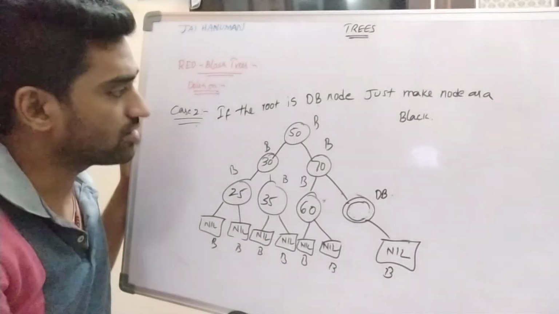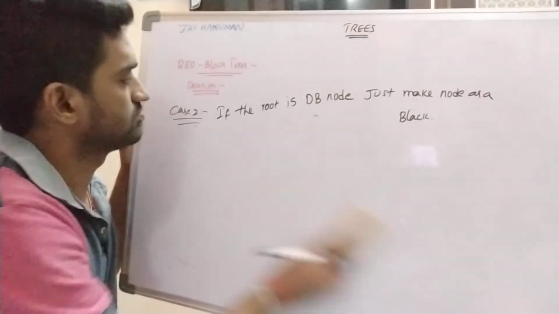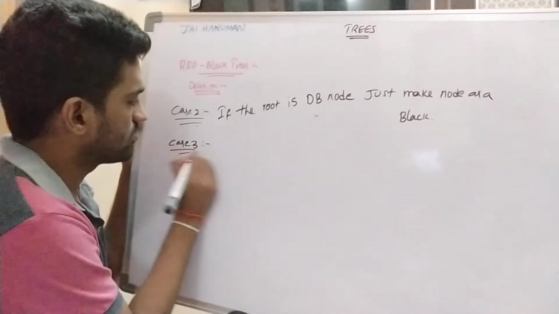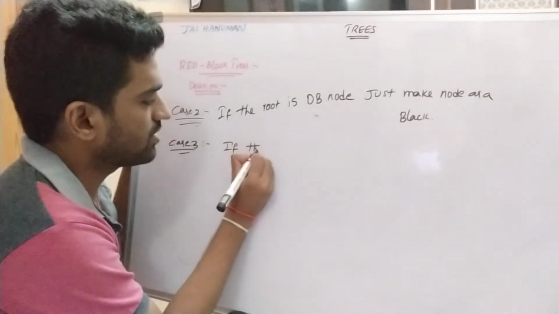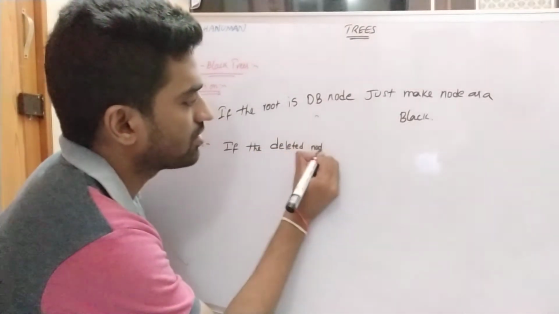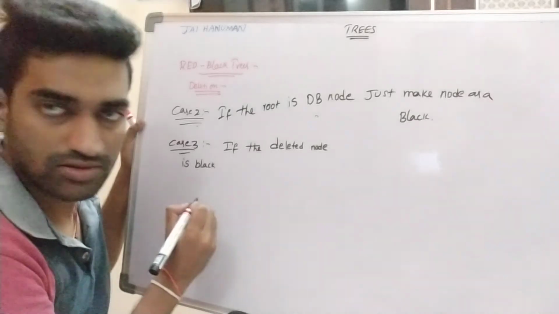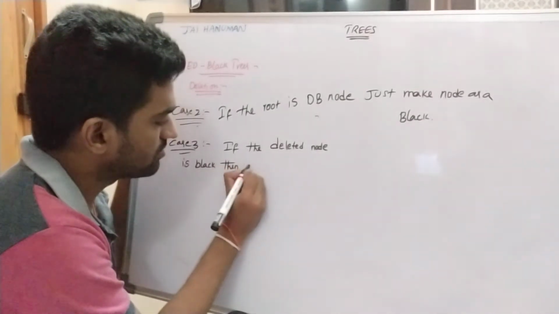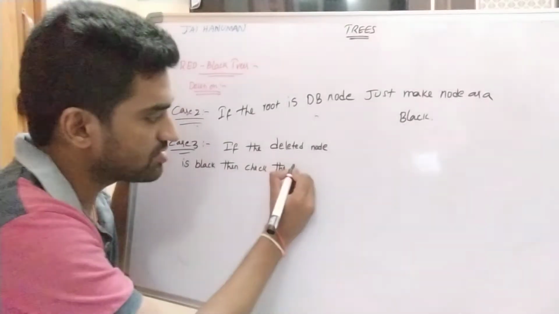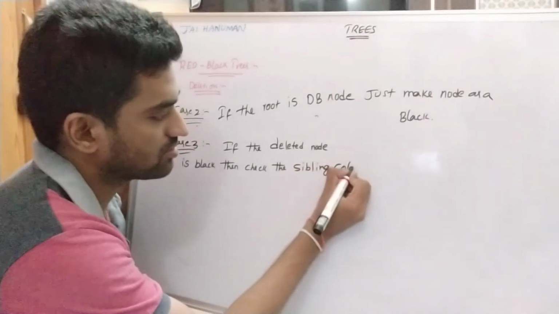Right? So here what is case 3? Case 3 is if the deleted node is black, then check the sibling color.